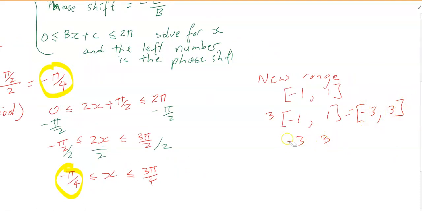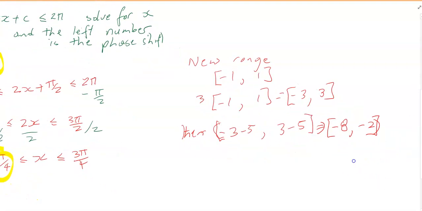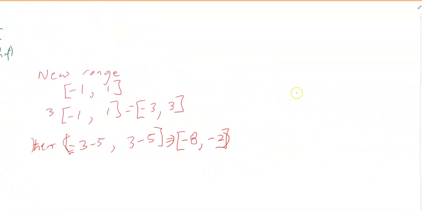Then we are subtracting 5: negative 3 minus 5, and 3 minus 5. That means we're going from negative 8 to negative 2 on our range. These are inclusive.